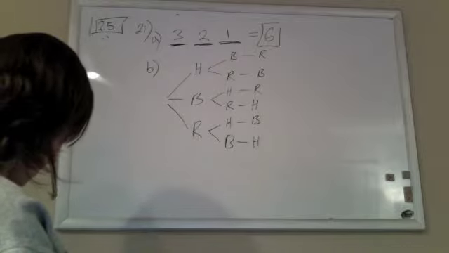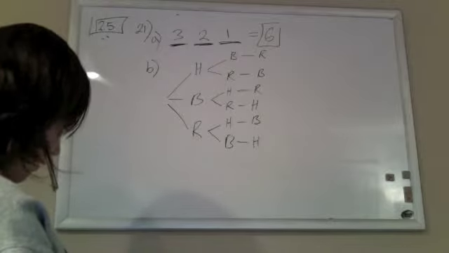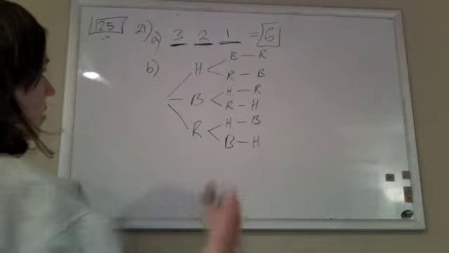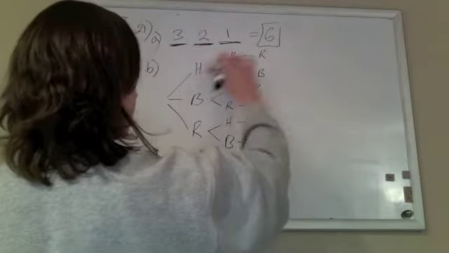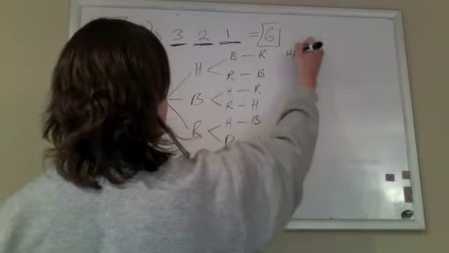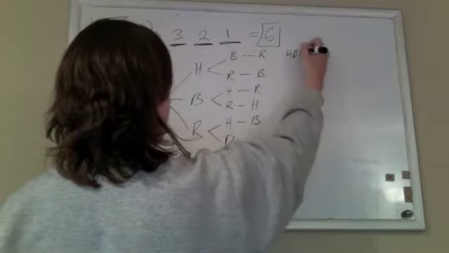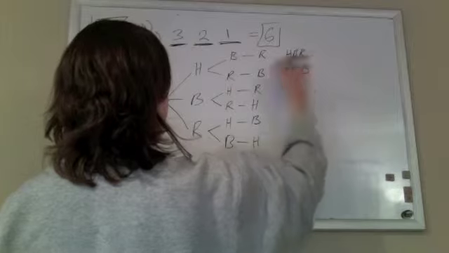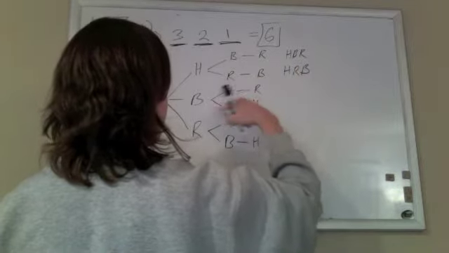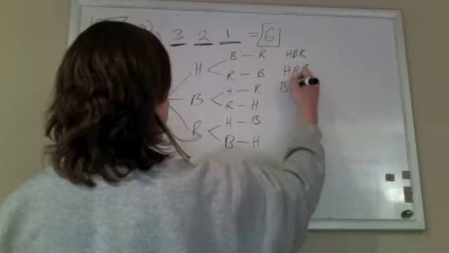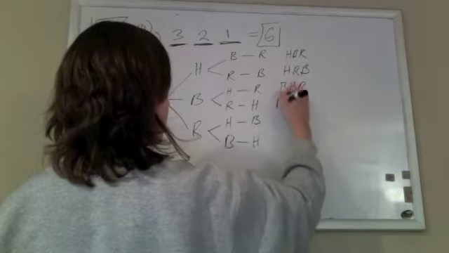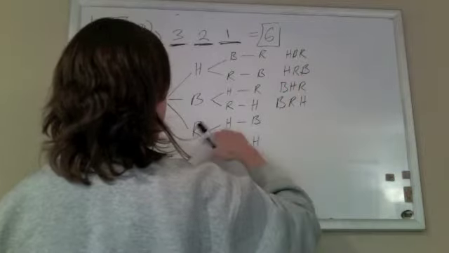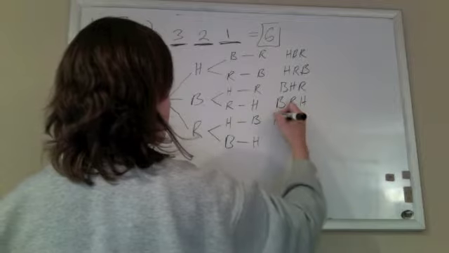They want probabilities, so I guess I should write out the whole tree like I was just saying. So HBR, HRB, BHR, BRH, RHB, RBH.